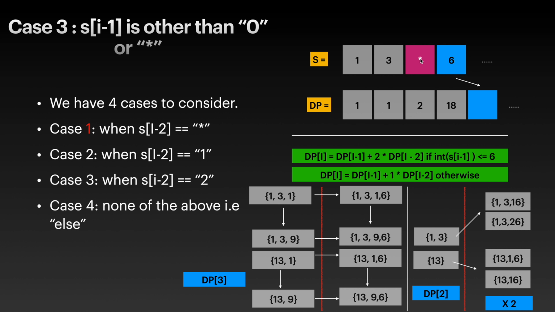When the previous case is asterisk mark, that means what is our dp in this case? If like this number is less than or equal to 6, then our recurrence relationship is given by dp of I equals dp of I minus 1 plus dp of I minus 2 times 2. Now if that's not the case, then we have dp of I minus 1 plus dp of I minus 2.